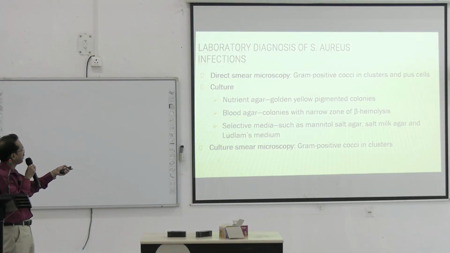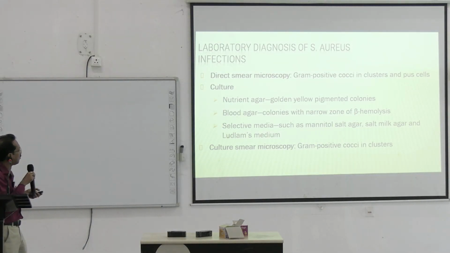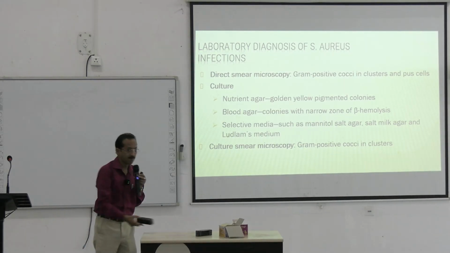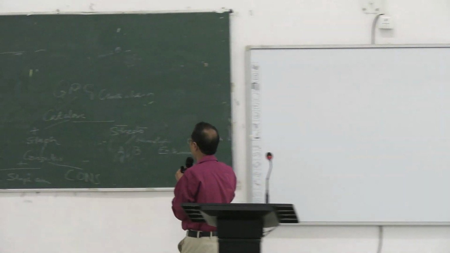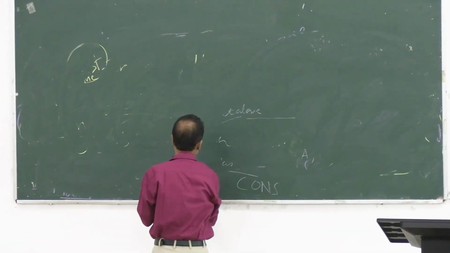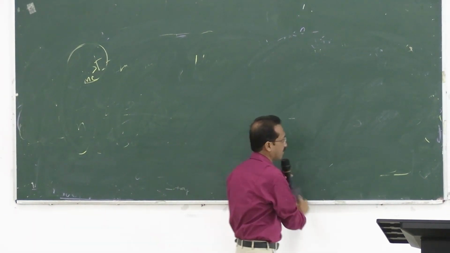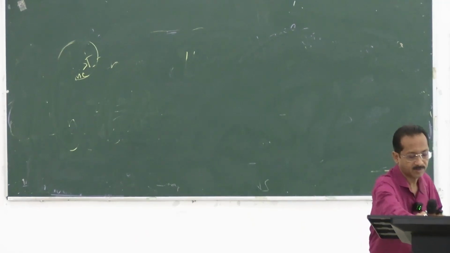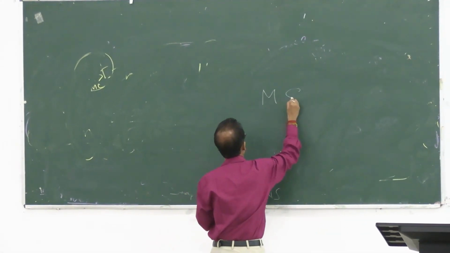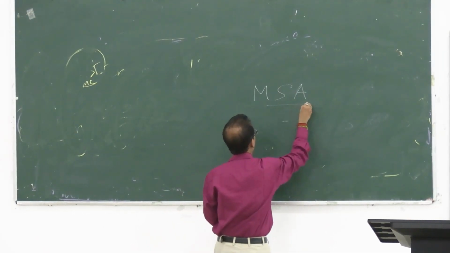Now this you all know: nutrient agar, blood agar, selective media. What is the selective media for Staphylococcus aureus? Sometimes when you are only searching for Staphylococcus aureus, what should you use? Mannitol salt agar is the most selective media for Staphylococcus.